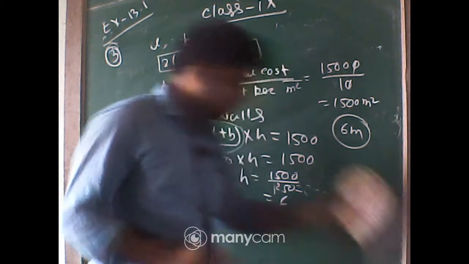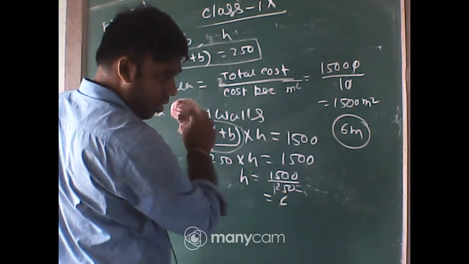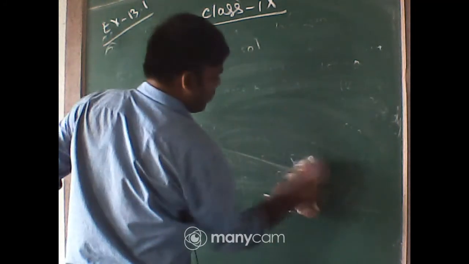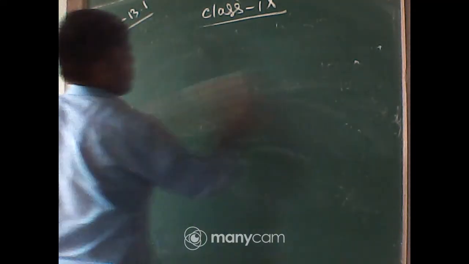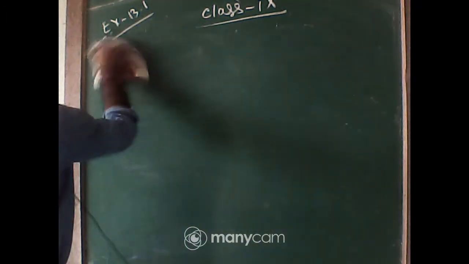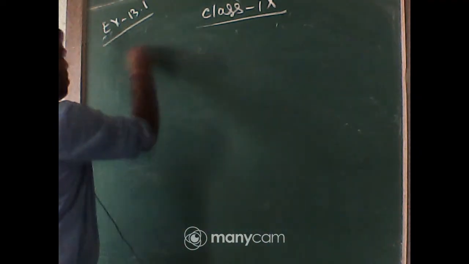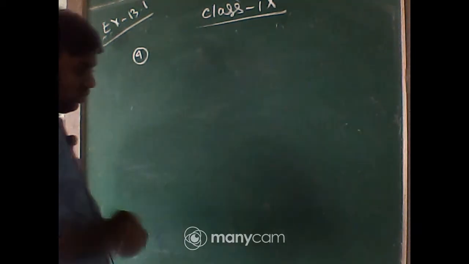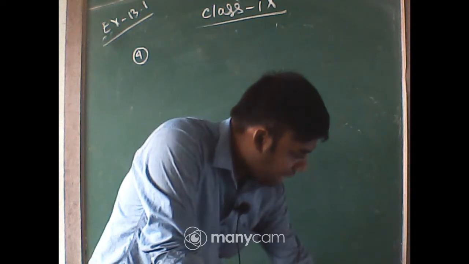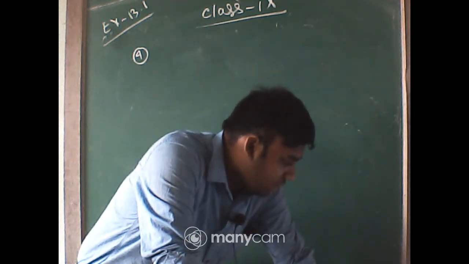Okay, next, question number 4. The paint in a certain container is sufficient to paint an area equal to 9.375 meter square.